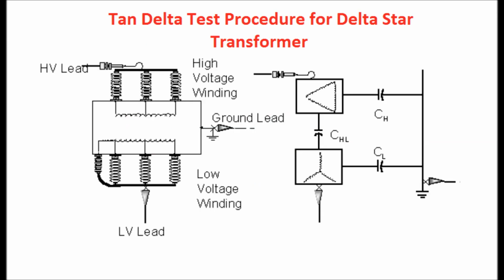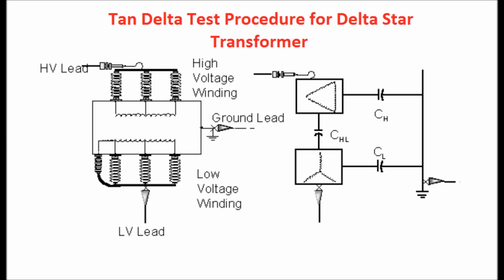Here the tan delta test procedure for a delta star transformer has been shown. In order to do the tan delta test, we have to short the red, yellow, and blue phases of the HV side terminals together, and the HV lead is connected to the high voltage side of the winding.